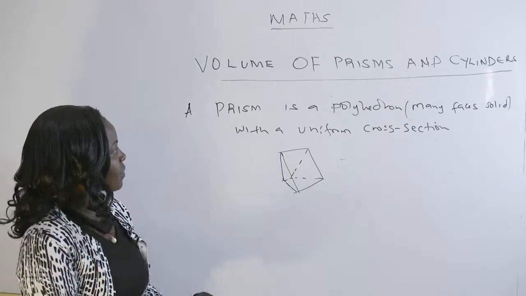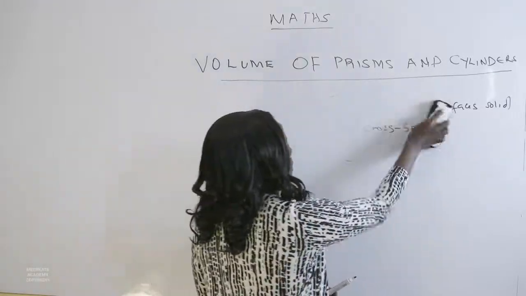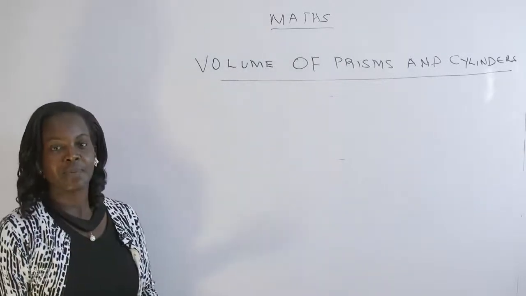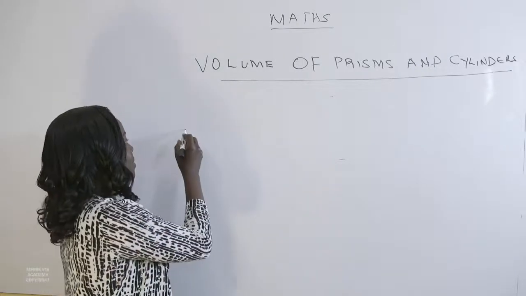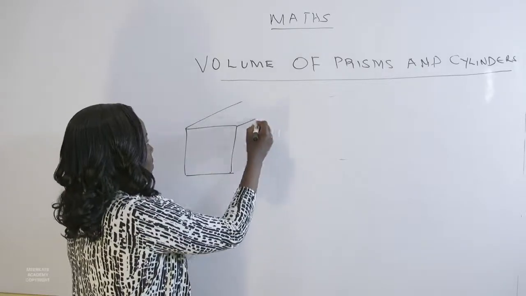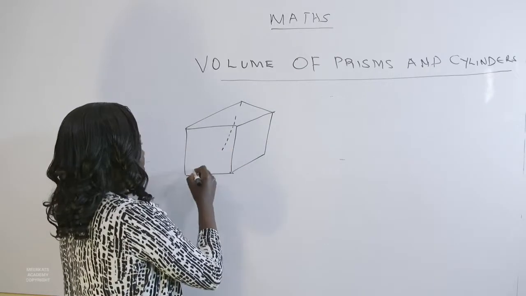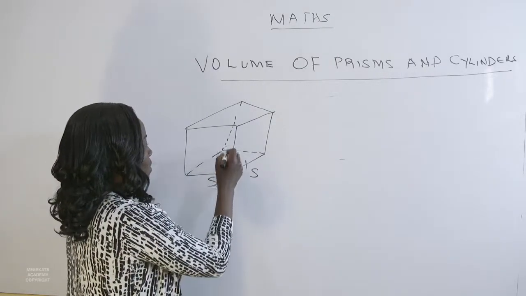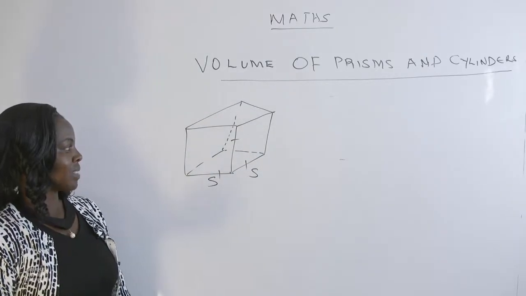Now, we have different types of prisms as we looked at last time. We looked at a cube, and we said a cube has all sides equal.